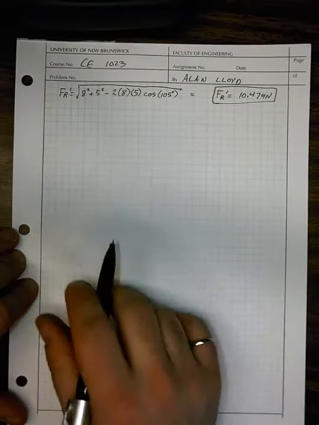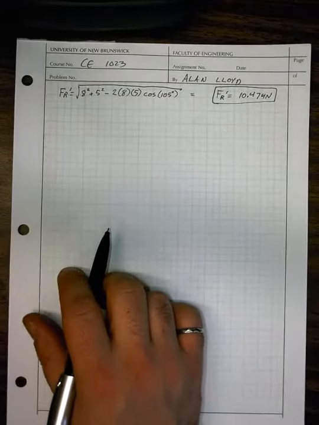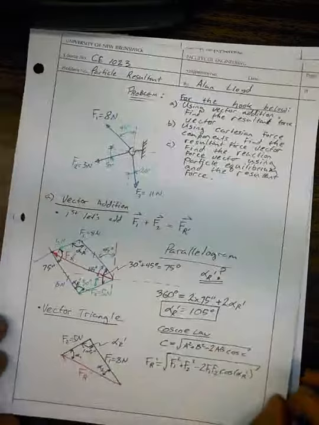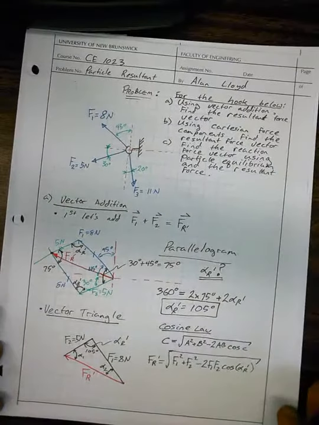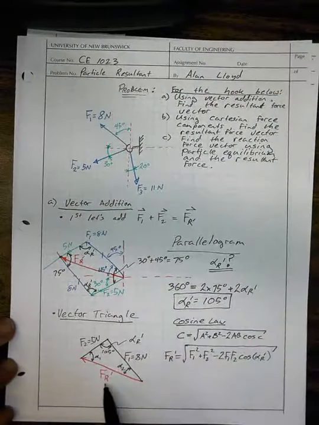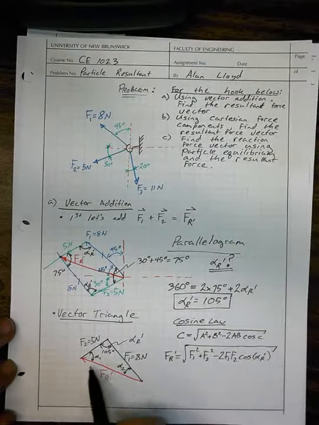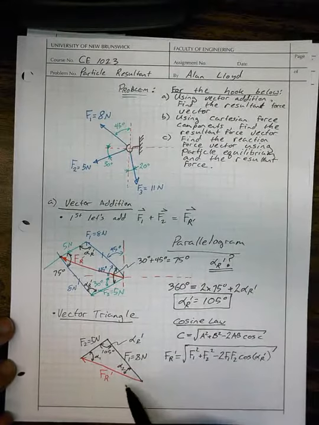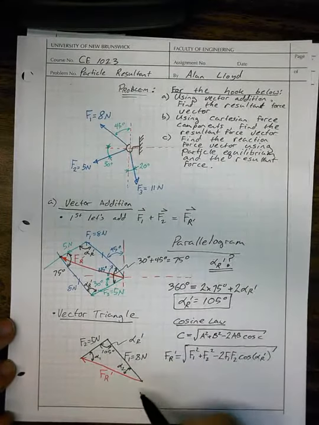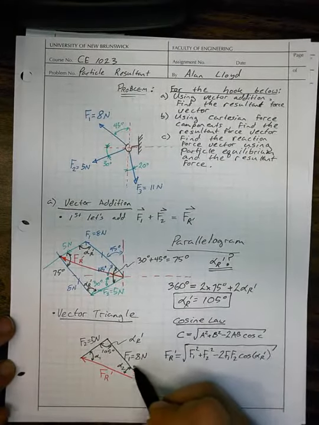So that only solves part of our problem. Let's have another look at that vector triangle. If we want to determine the vector properties of FR prime, we not only need its magnitude, but we need an angle at which it acts. We've already been given the angle at which F1 acts.